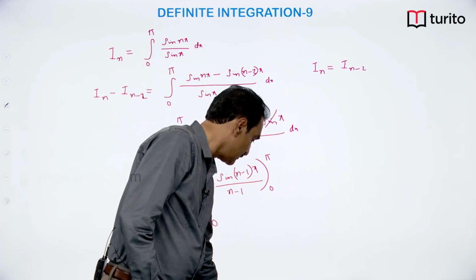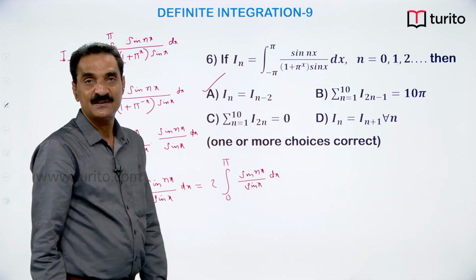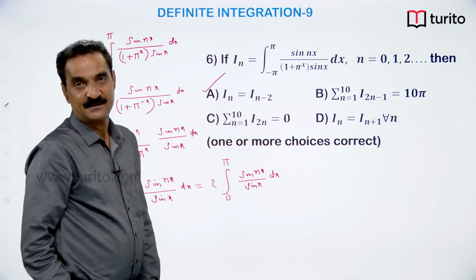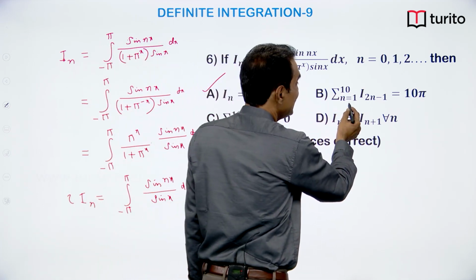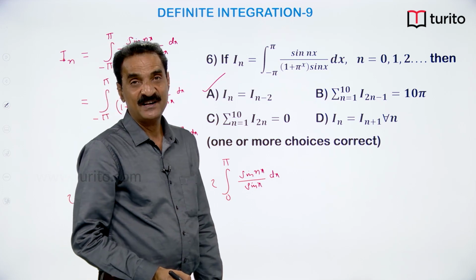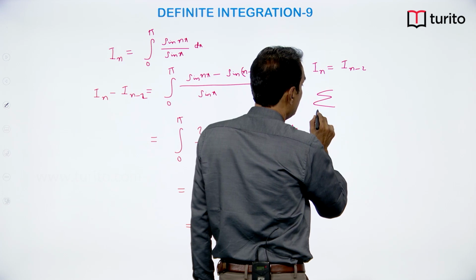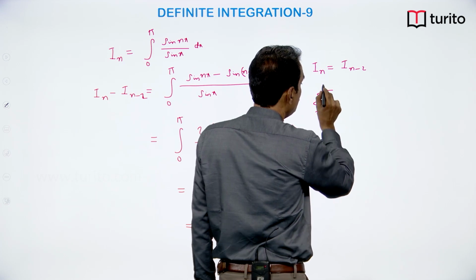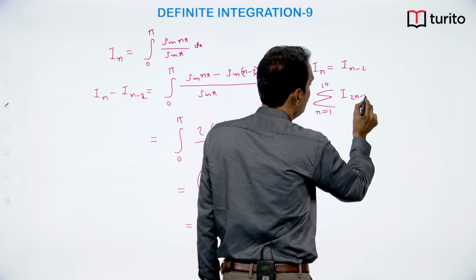Okay, so now let us see the options. First option is correct. Since one or more are correct, we have to check the other options. This is sigma n varies from 1 to 10 of I(2n minus 1).